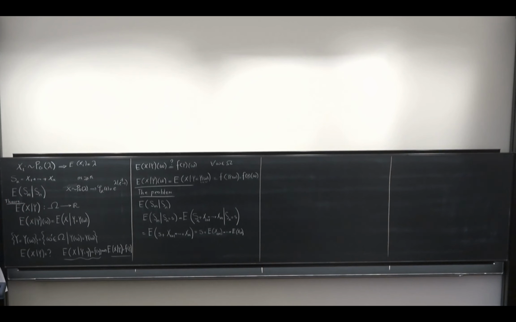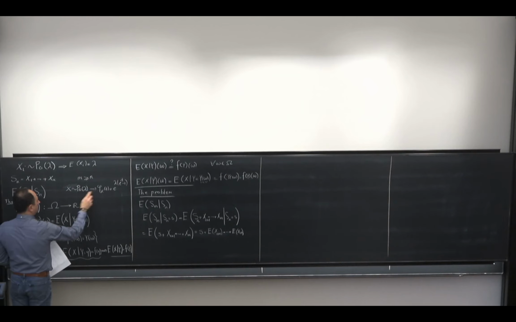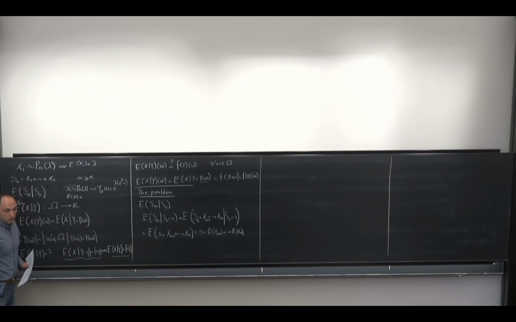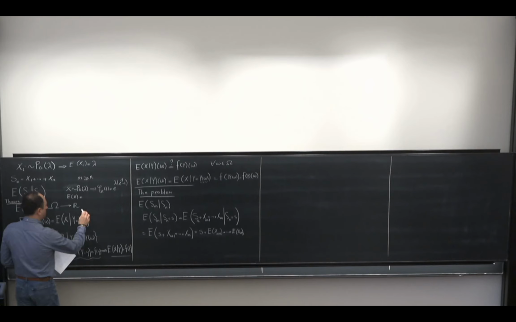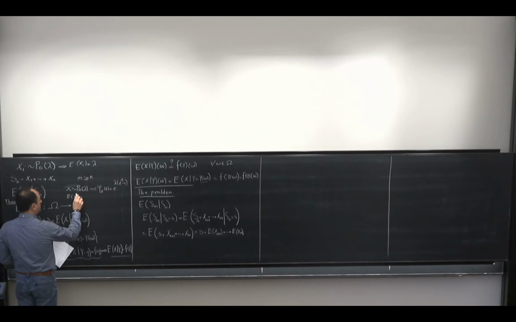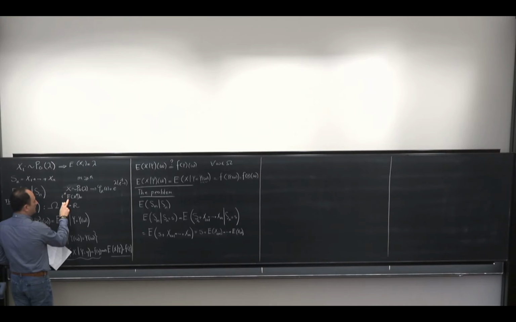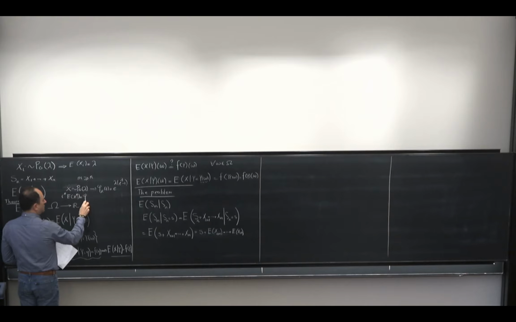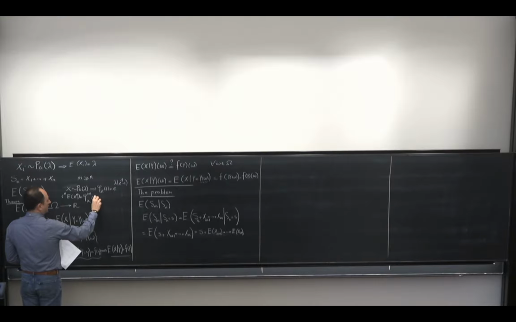And then how can I calculate E of X using the characteristic function? Do you remember? Yes? You can differentiate with respect to t. Yeah, so let me write it here for you. So if I want to find every moment here, i to the power n times the expectation value of X to the power n is equal to the nth order derivative of the characteristic function calculated at 0.